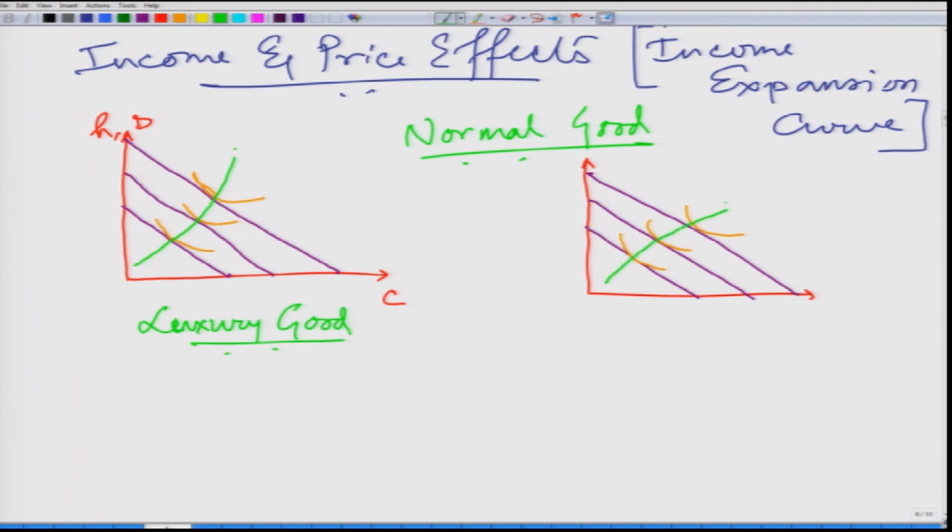Yes, it is increasing, my income expansion curve, you can call it IEC, but at the same time, it's a necessity good, or necessary commodity. Yes, it behaves normally.